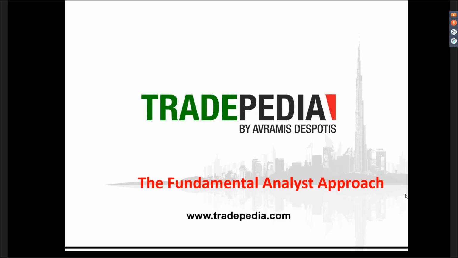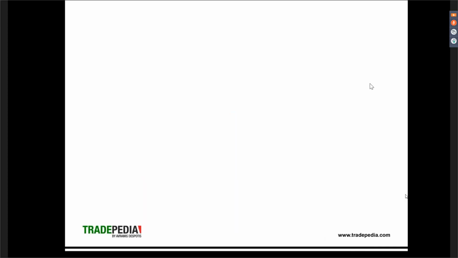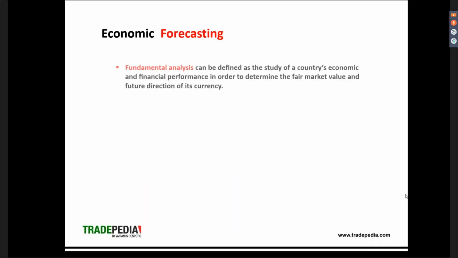So, an introduction into one way to view an economy. So, fundamental analyst approach. So, we start off with economic forecasting. Fundamental analysis can be defined as a study of a country's economic and financial performance in order to determine the fair market value and future direction of its currency.